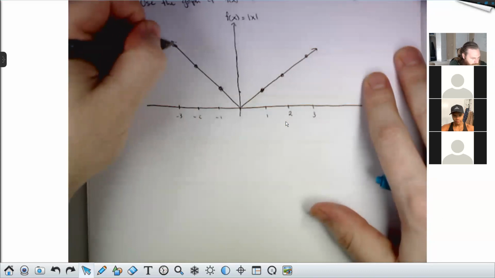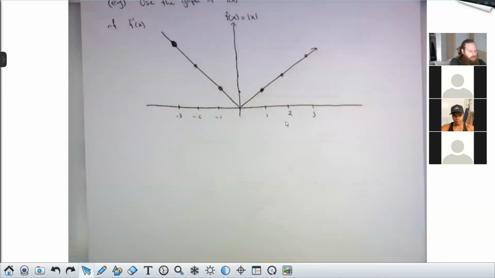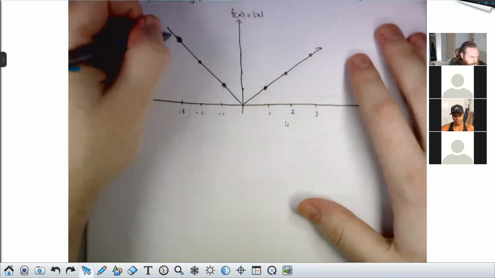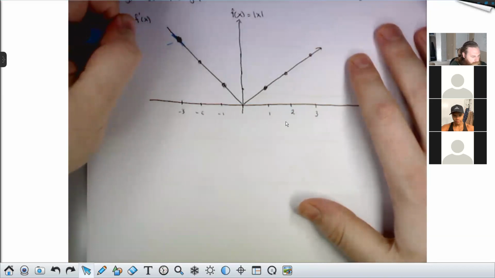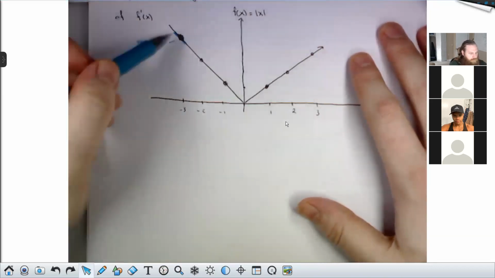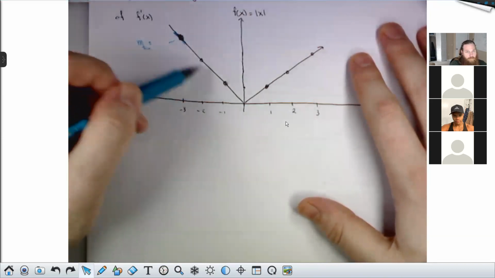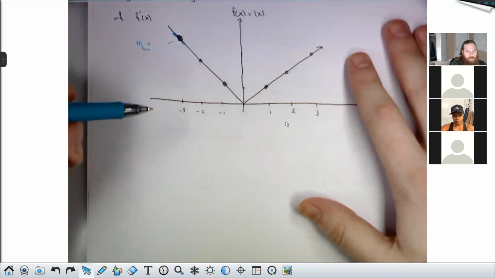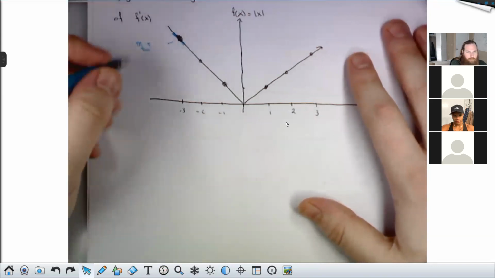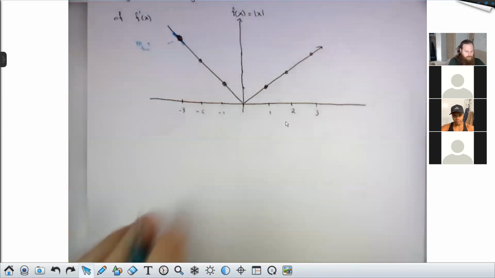If we come in here, to this point, what is the slope of the tangent line at this point? It looks like -1 to me, right? So we want the slope.